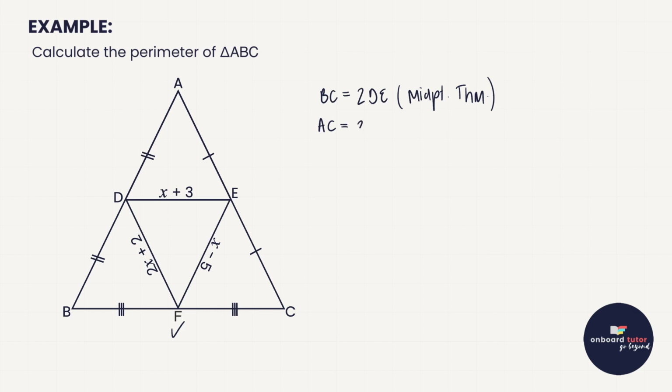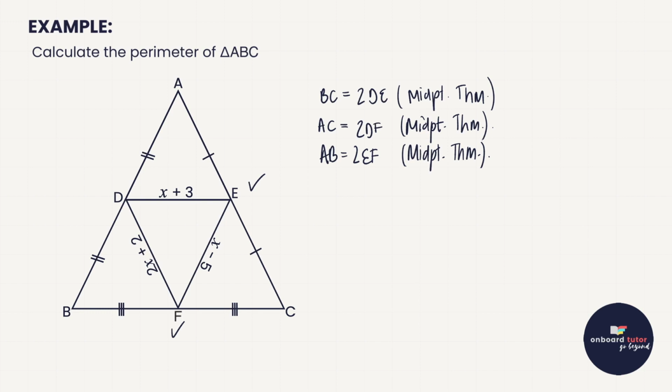AC is going to be 2 times DF. Again, the midpoint theorem. And finally, remember this statement and reason thing is important. So we've got AC. Finally, AB is equal to 2 times EF. And again, the midpoint theorem.